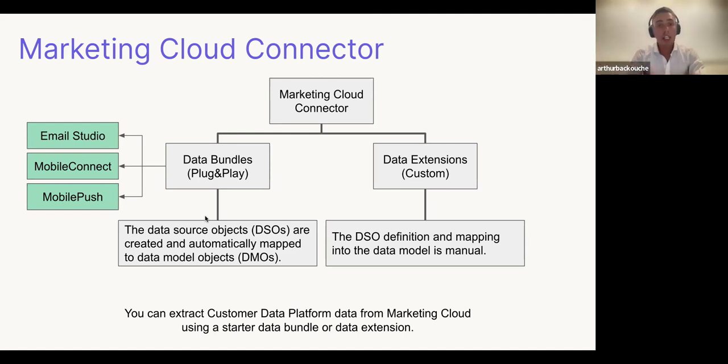And when we are using a data bundle, which is really plug and play, where I do a few clicks and it's already set up, the DSO is automatically connected to the DMO. So you don't have to do anything complicated. You can just do a few clicks and ingest and map your data directly.